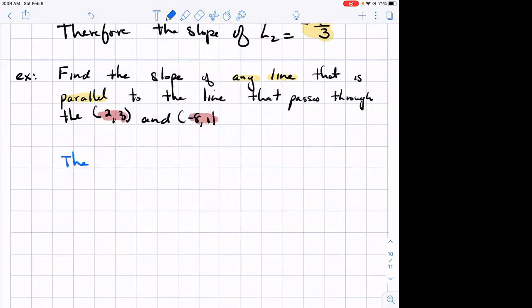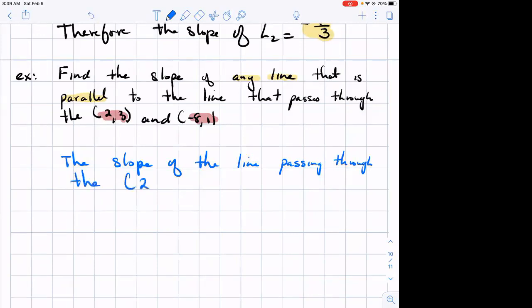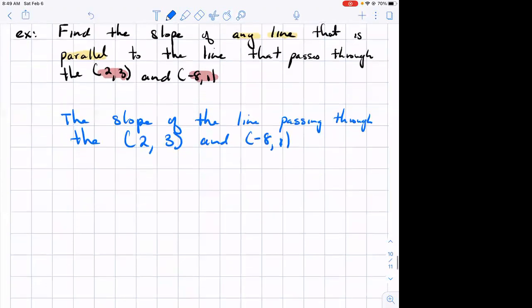So the slope of the line passing through points (2, 3) and (-8, 1). That's the first thing. So as we did before, x1, y1, x2, y2.